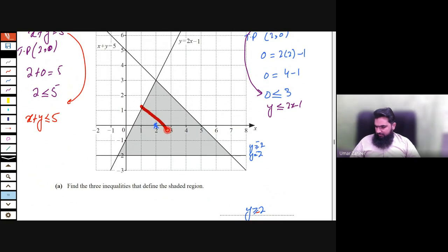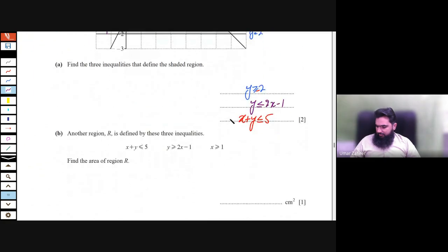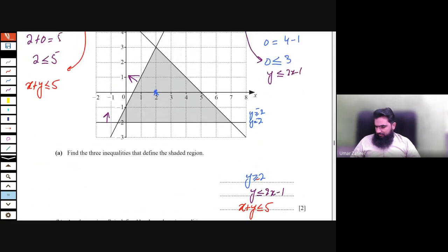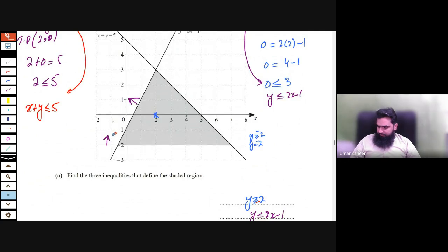This is the line, so it is not this area. It will be the area on the opposite side. This area is upward. x is greater than or equal to 1. This is x equal to 1. Greater than 1 means the upper region.